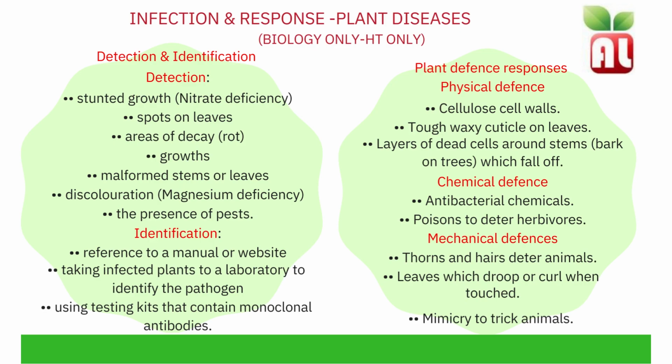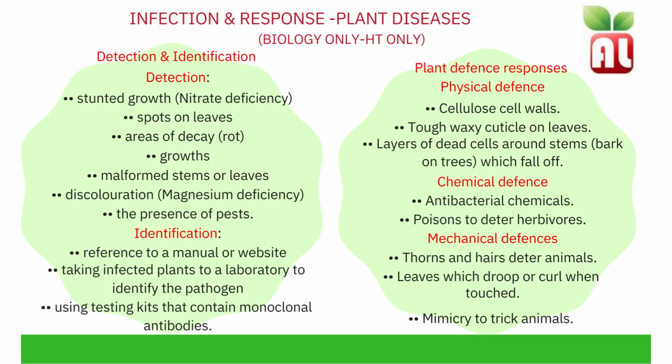To detect and identify plant diseases. Plants may appear with stunted growth due to a nitrate deficiency. They may have spots on the leaves, indicating an infection.